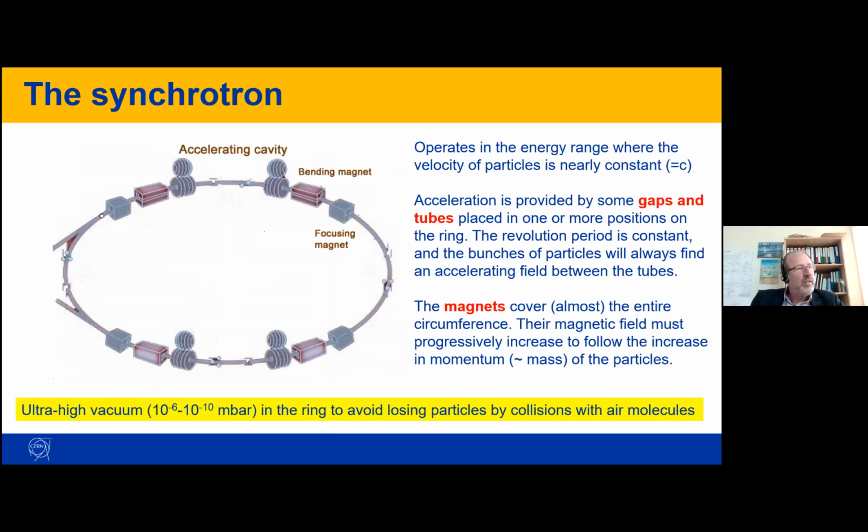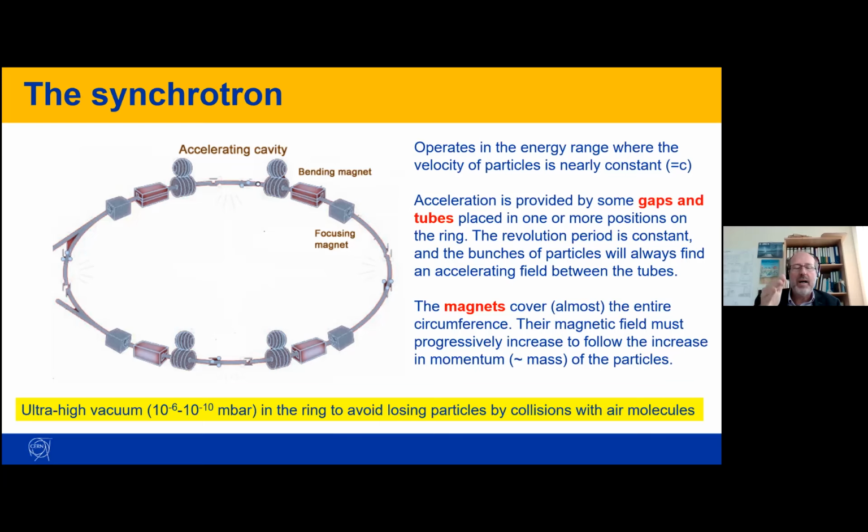The synchrotron is a larger accelerator where, on a circular path, we have three types of elements. We want to keep the particles on a circular trajectory, and we need bending magnets. You see them here, where you have a vertical magnetic field, and they keep the particle on a circular path.